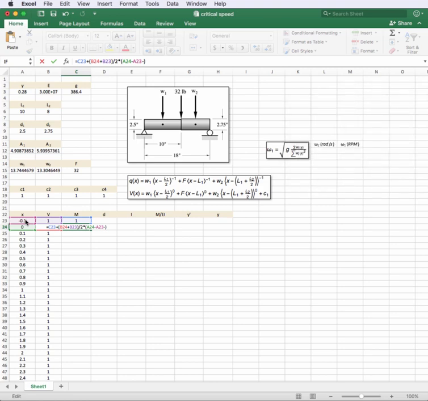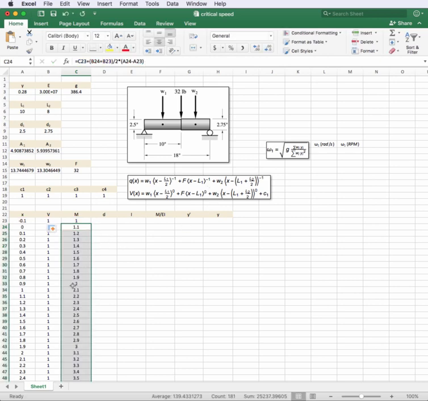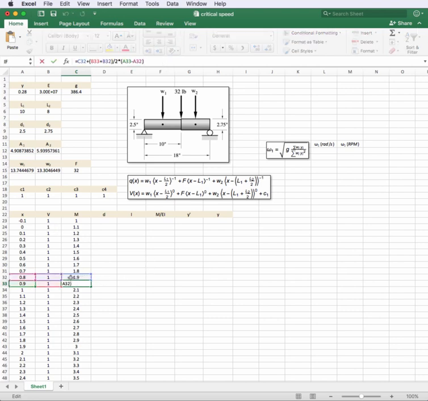Whoops, I got an extra minus sign there. So again, this one is just C2, and this one is the previous cell, previous result, plus the average height times the width of the trapezoid. And then I can just copy that one down like that. So at any random place here, it's going to be the result from the previous cell plus the area of that trapezoid. And we just kind of tack it on as we go.